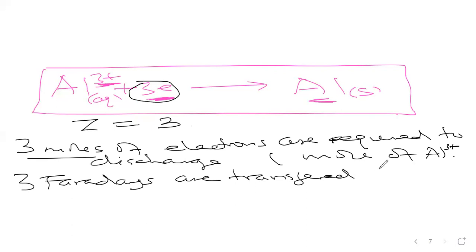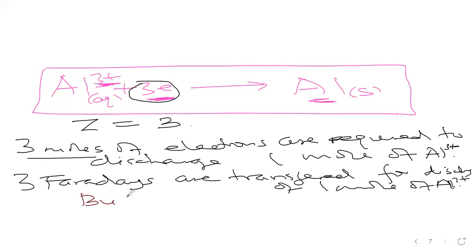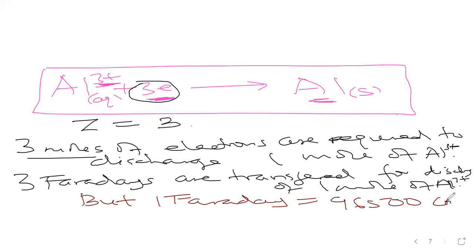So 3 Faradays are transferred for discharge of 1 mole of aluminium 3 ion. However, I want you, dear students, to note that 1 Faraday, you should know this, is always equal to 96500 coulombs. So 1F is equal to 96500 C.